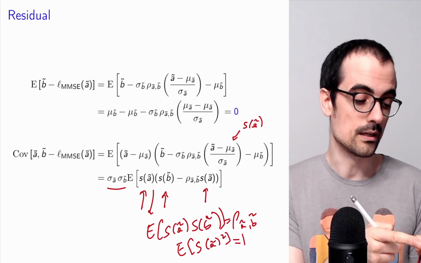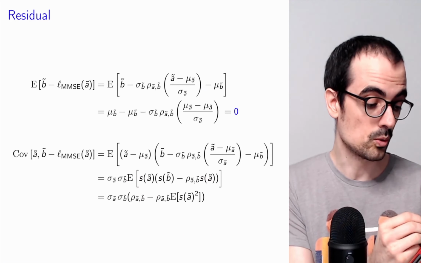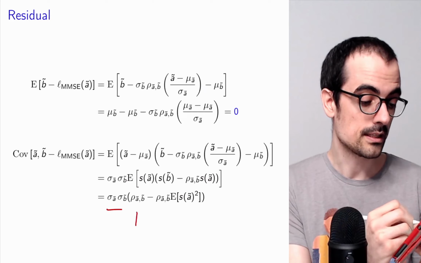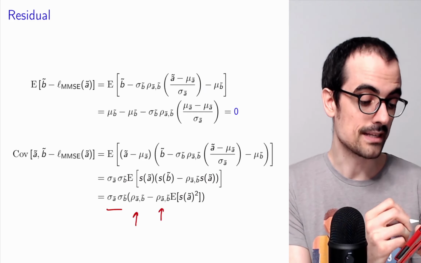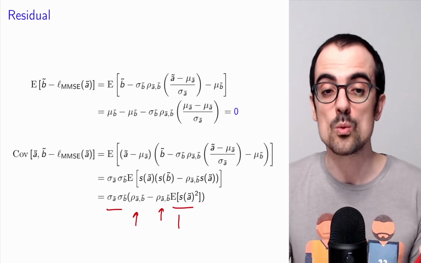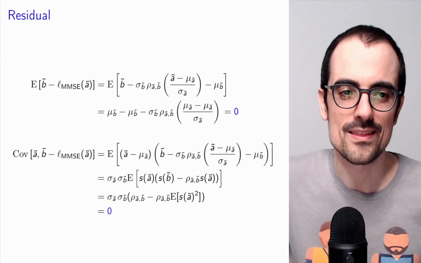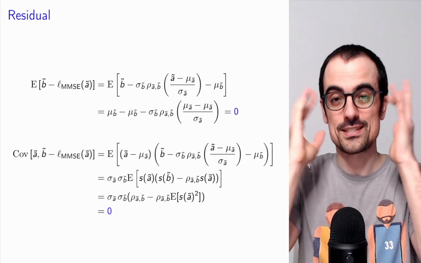All right, so when we plug these things in, we have that the covariance is equal to the standard deviations, the correlation coefficient, minus the correlation coefficient times this mean square, which I just said is equal to 1, so it's 0.